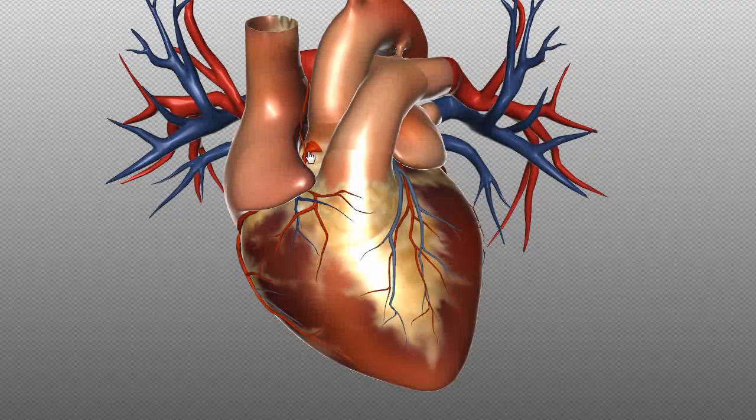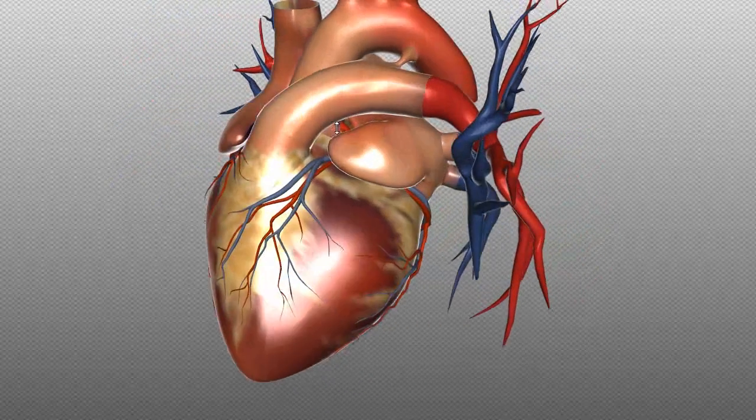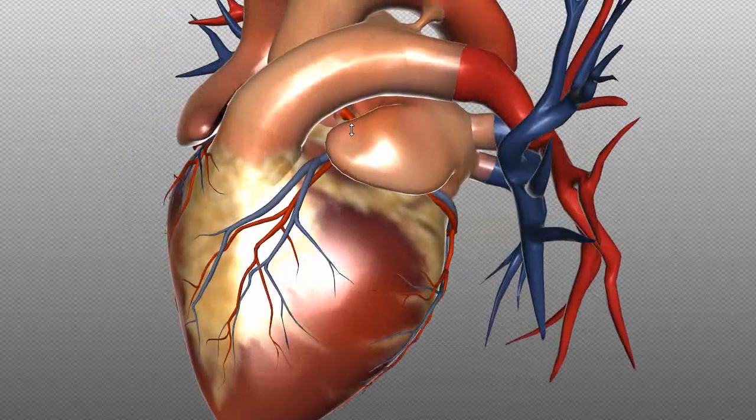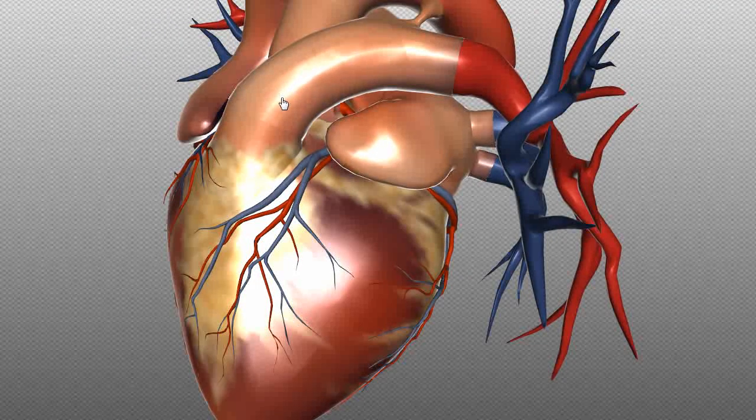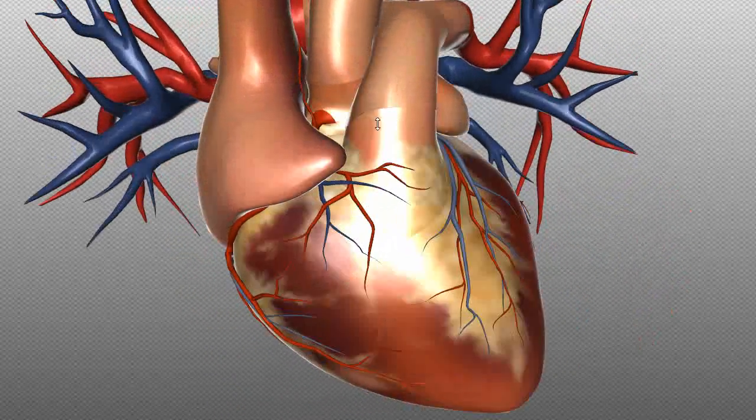So here you can see the right branch coming from the base of the aorta, and the left branch, which is slightly hidden under the pulmonary trunk. So you've got the left coronary artery coming from the base of the aorta.